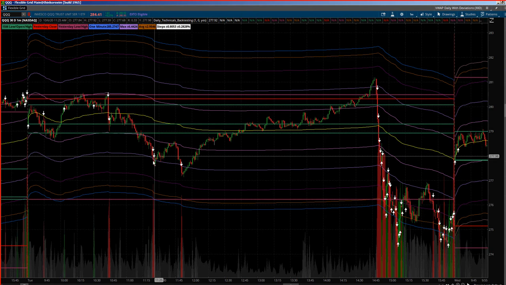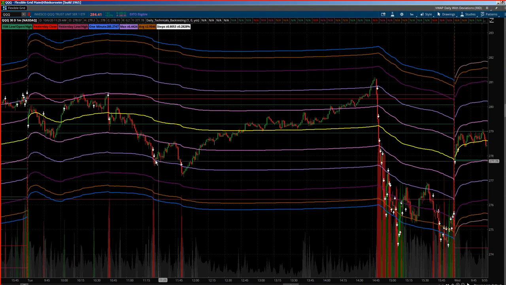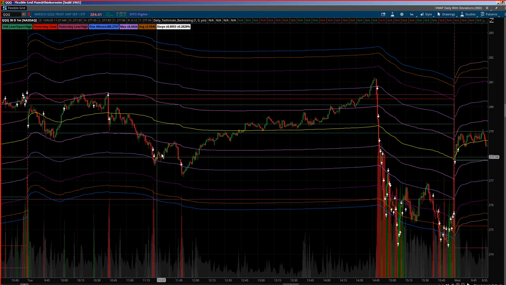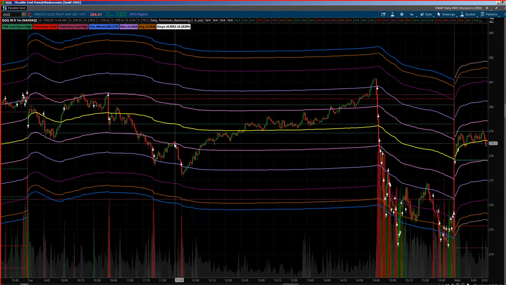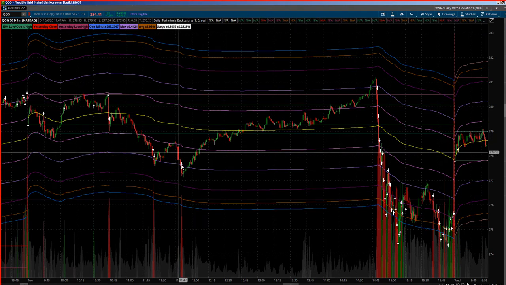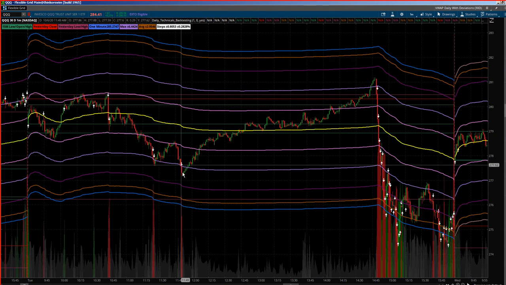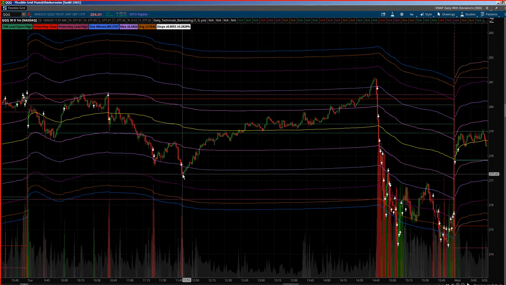It bounces off the -2, then goes up to the -1, goes back down and breaks the -2 halfway there.